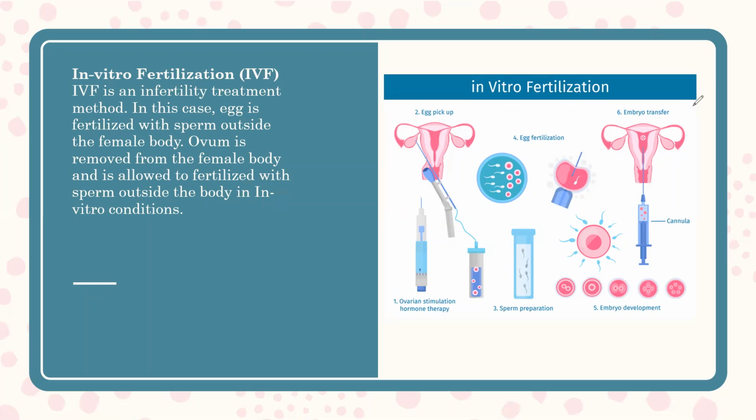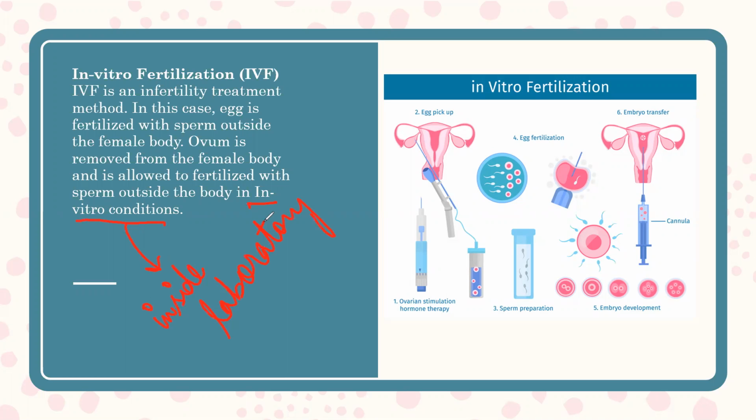The ovum is removed from the female body and is allowed to fertilize with sperm outside the body. The term in vitro stands for inside the laboratory. So the fertilization takes place in the laboratory.